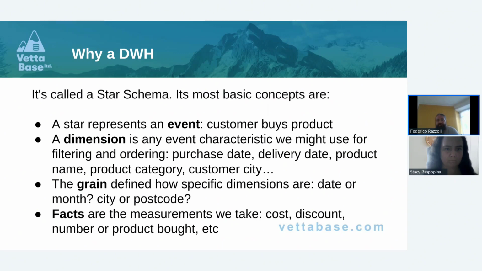As I said, it's called a star schema, and the most basic concepts are, first of all, a star represents an event. Okay, an example of an event is customer buys product. It is a business process. It is a business event that happens, and you want to get more information about it. A dimension is a characteristic of an event which we might use for filtering and for ordering.